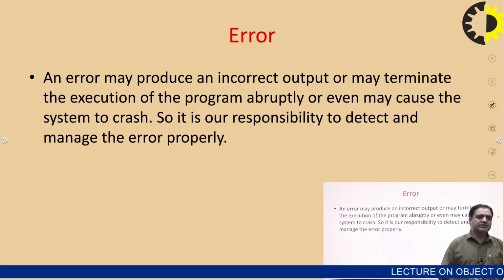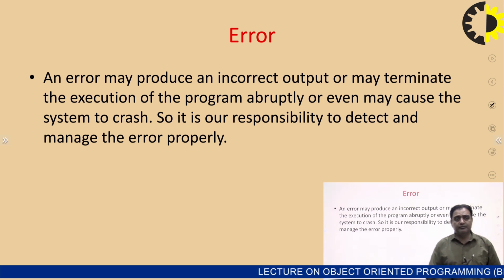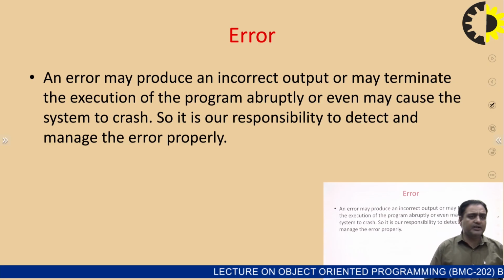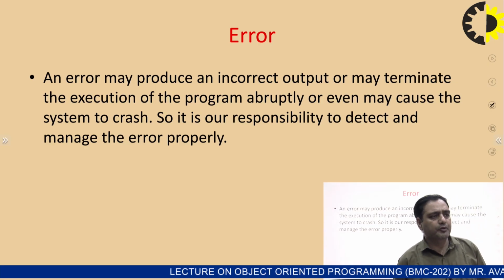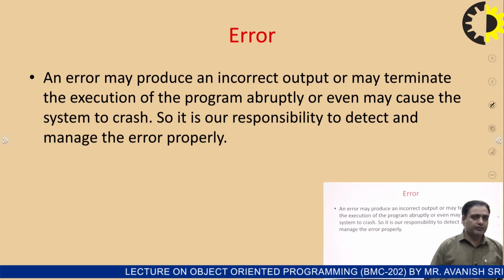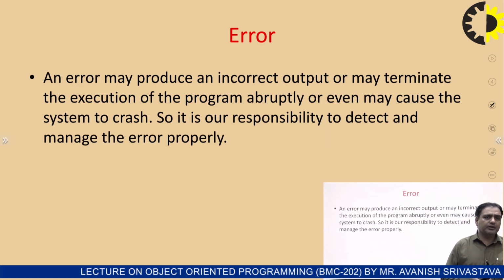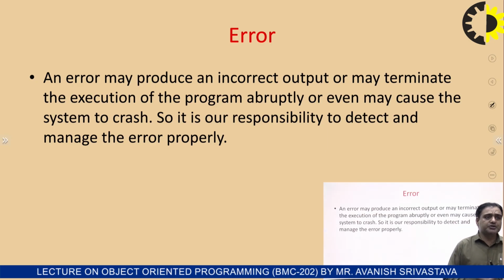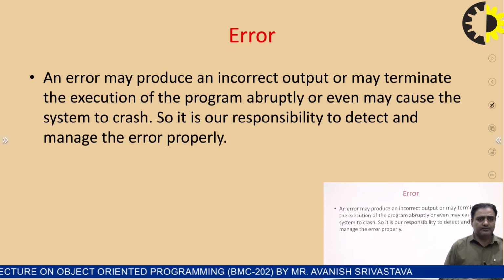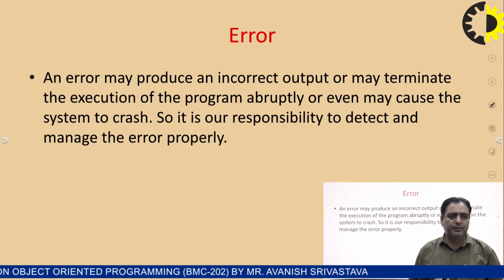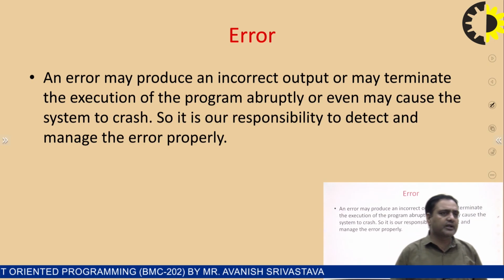How you can fix the error, how you can remove the errors? Because of different types of error, the program may terminate the execution, or some type of issues may arise. So how can you handle it?